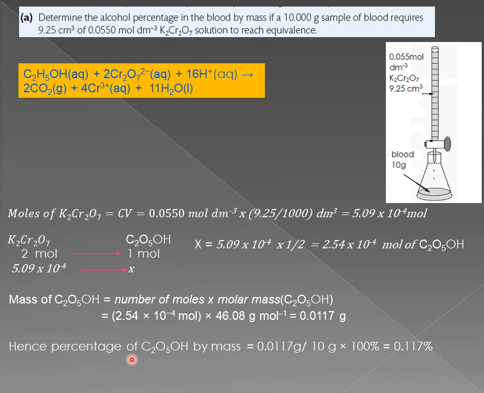So the percentage of ethanol, again this should be C2H5OH by mass, equals the mass of ethanol divided by the total mass of blood, which is the 10 gram sample that we used for titration, times 100 equals 0.117%. Only ethanol in the blood.